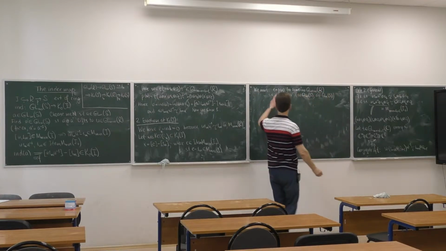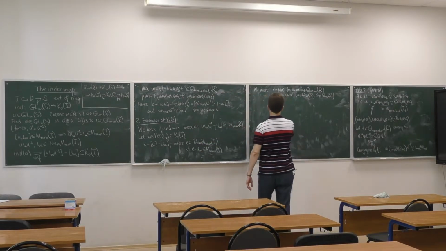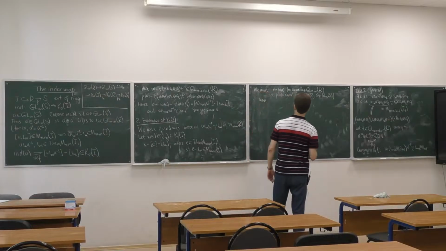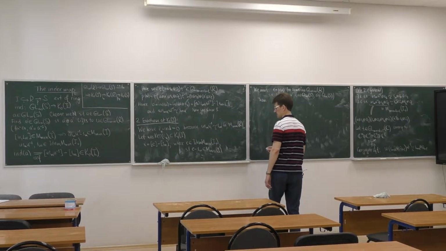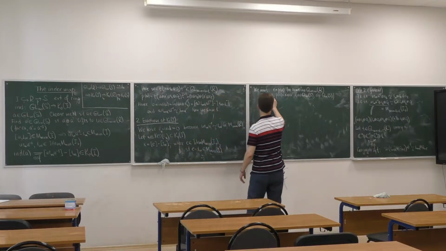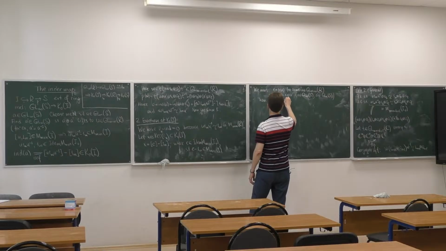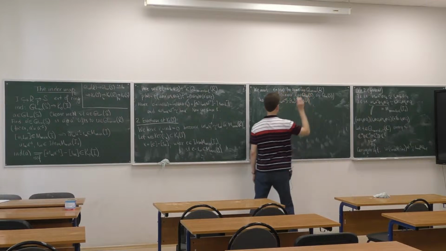Because if we find such a matrix U, then our element X will be written in the following form, and this is nothing but the index of A, just by the definition of the index map.